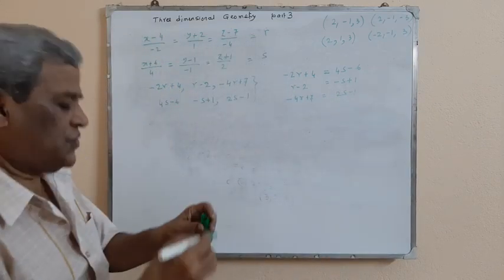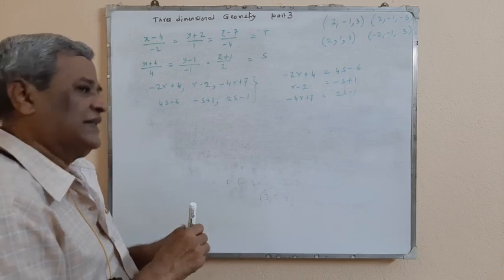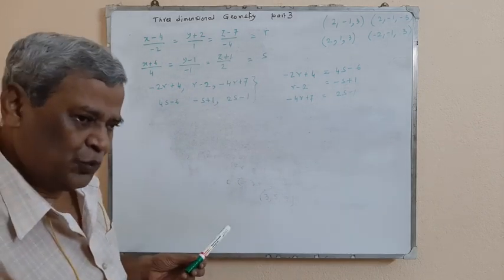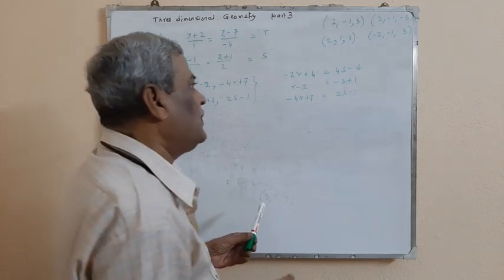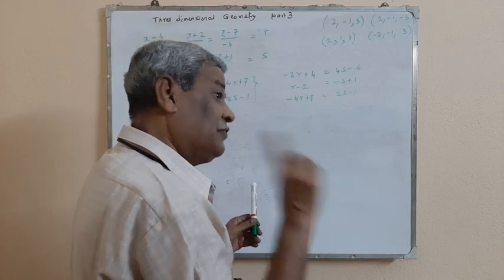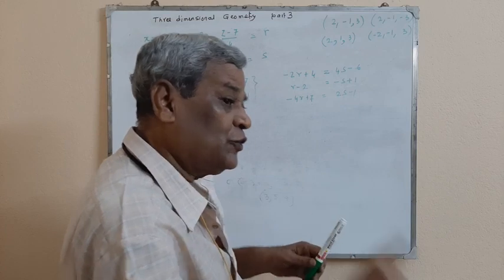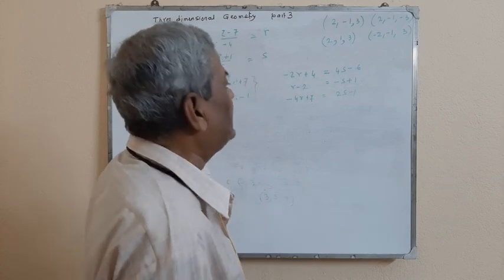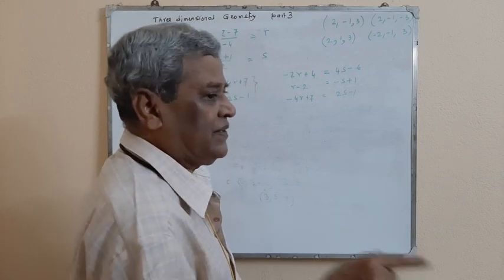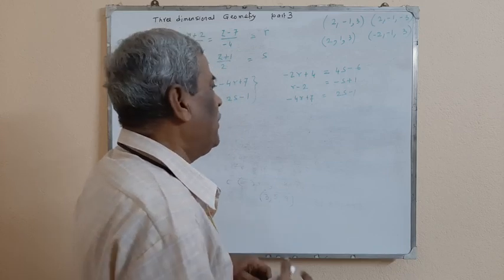Now 3 equations and 2 unknowns are there. Solving any 2, we can very easily find r and s. If for those values of r and s the third one also satisfies, then we can say that they meet, and the meeting point can easily be obtained.